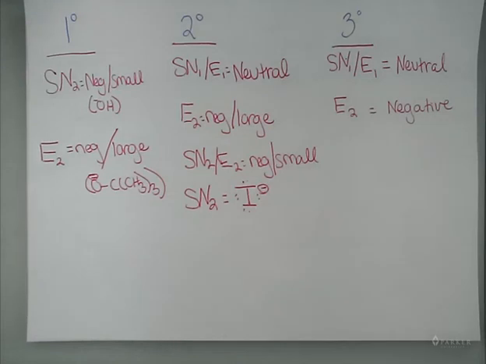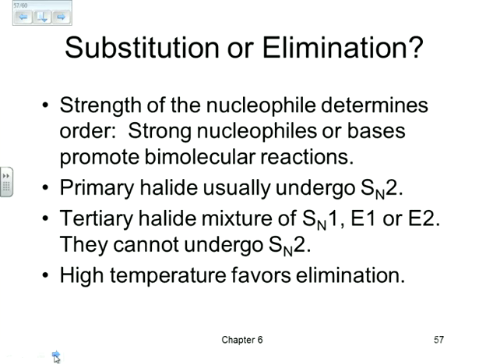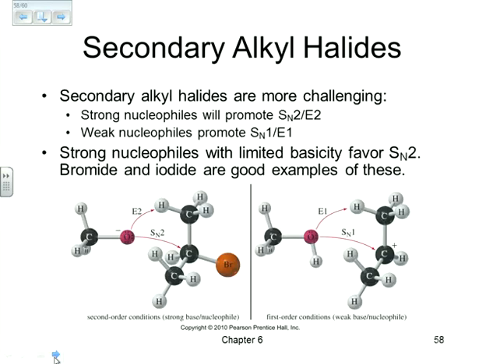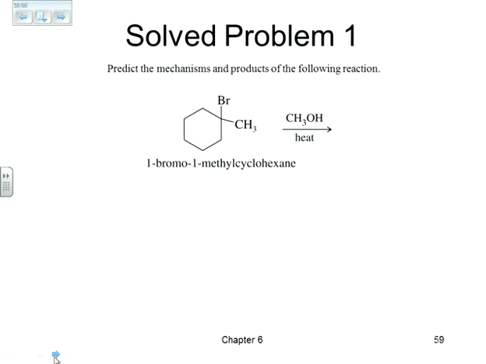So let's do some examples. Okay, let's look at this. Tell me what kind of carbon you have. Tertiary. And then what else do we have? What's over the arrow?